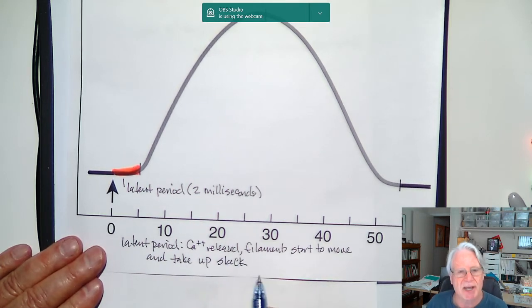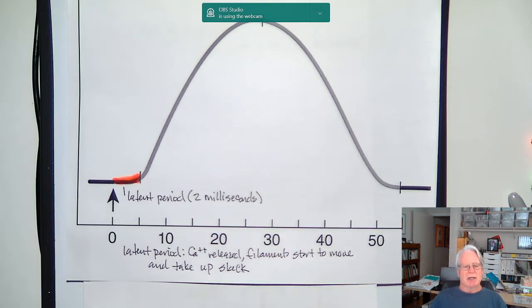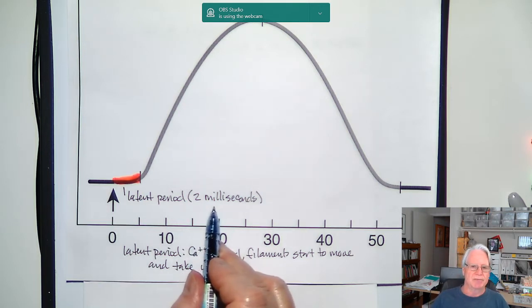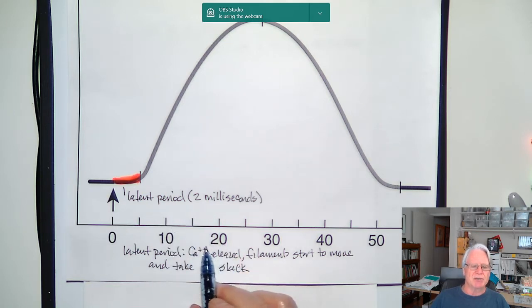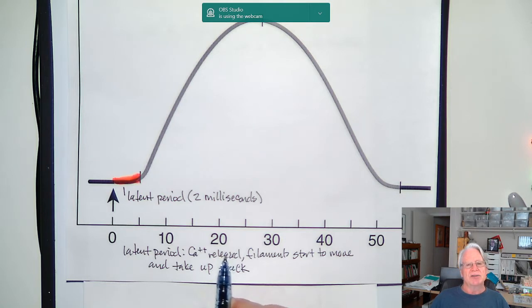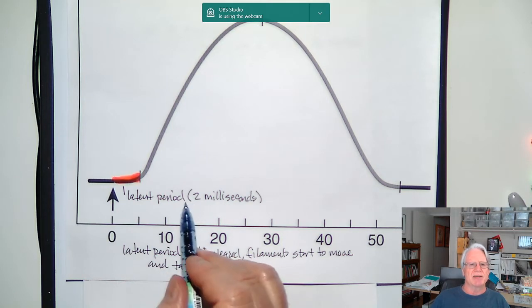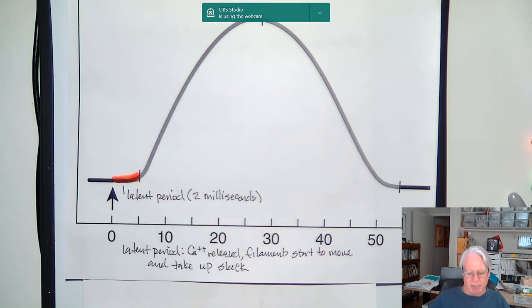There's a certain amount of slack in this system that we've been describing. It's not taut. It's not going to react right away. 2 milliseconds is a very, very short period of time, but it is a period of time. It's a period in which calcium has to move from the sarcoplasmic reticulum into the myofibrils and bind to troponin, and tropomyosin has to roll off, and then we connect the cross bridges, and we'll start moving, but we'll take up the slack first. All of that takes time, and that is represented in my latent period.